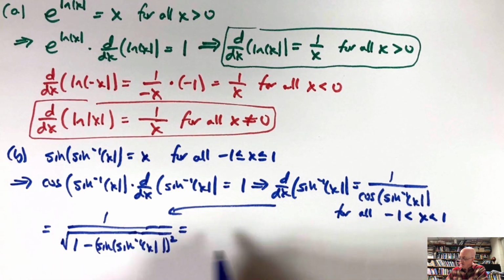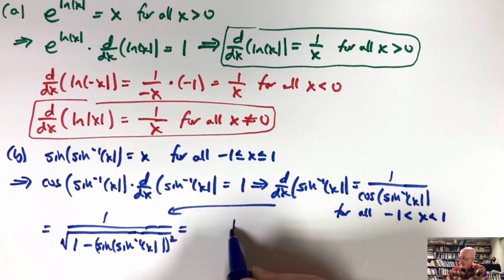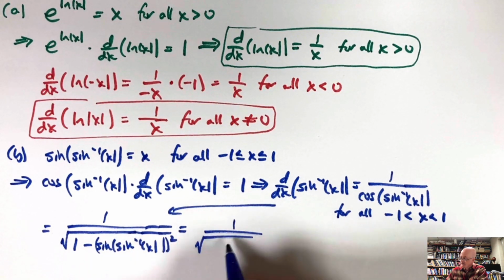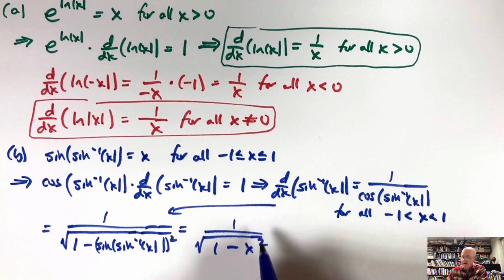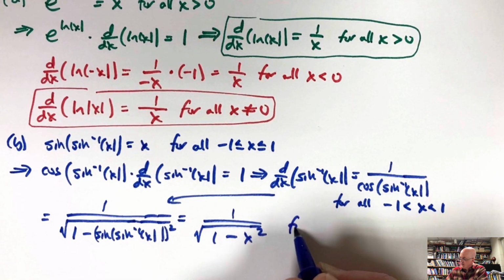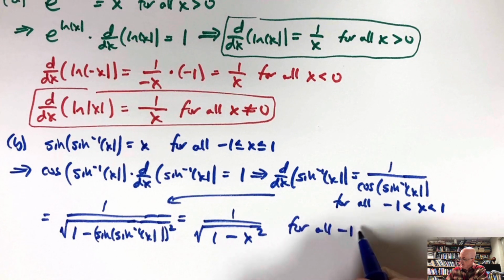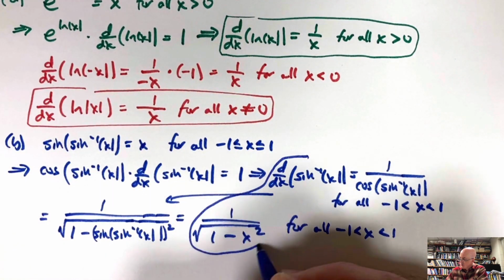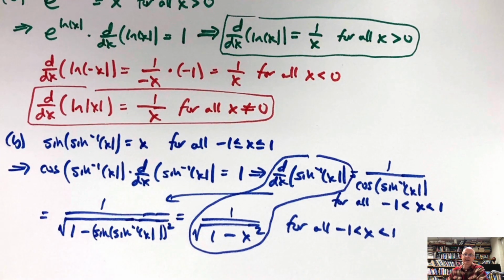That's just notation. And then sine of inverse sine of x is x. There we go. This is true for all x strictly between -1 and 1, and that is the more common way to write the answer for the derivative with respect to x of inverse sine of x.